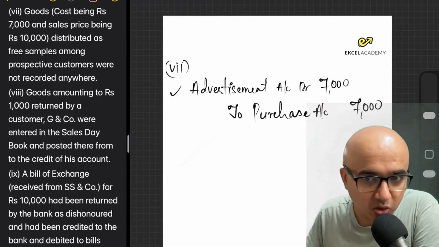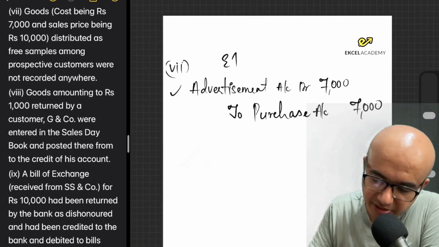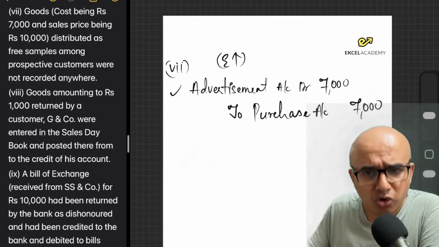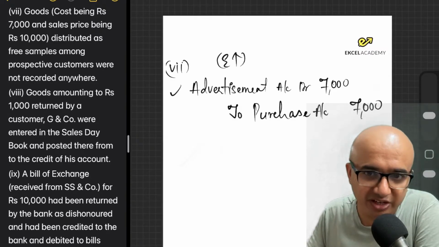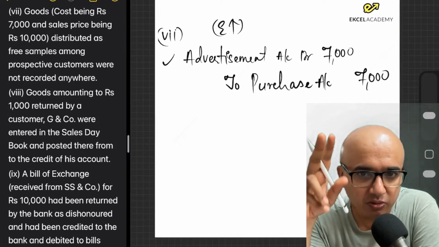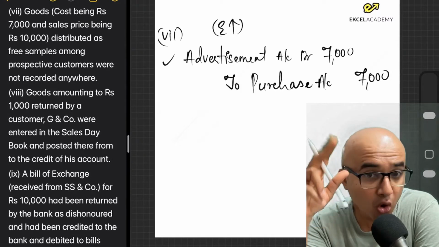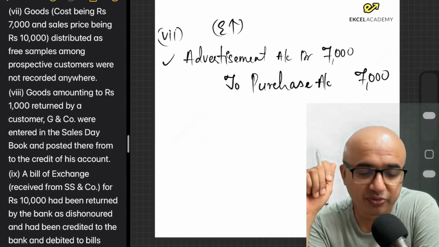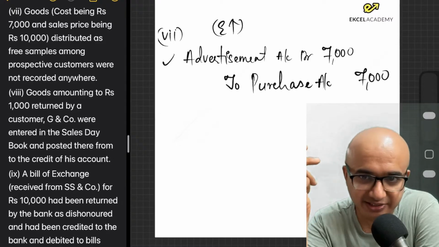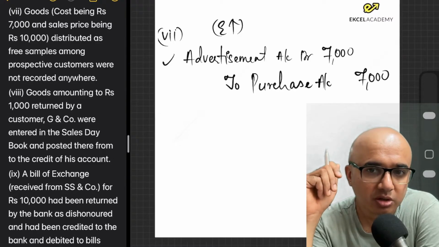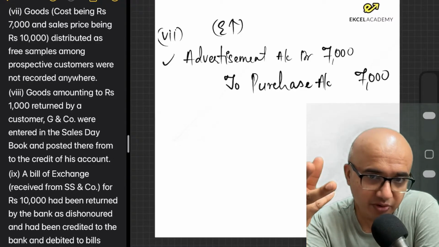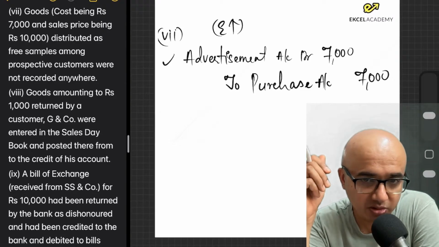Why should purchase account be credited? Advertisement, we understand, is nothing but an expense which is increasing. What about purchase? Why are we crediting that? Very simple. Purchase account, when we bought those goods for the purpose of selling, that was the intention when we bought. Which account would we have debited? We would have obviously debited purchase account.